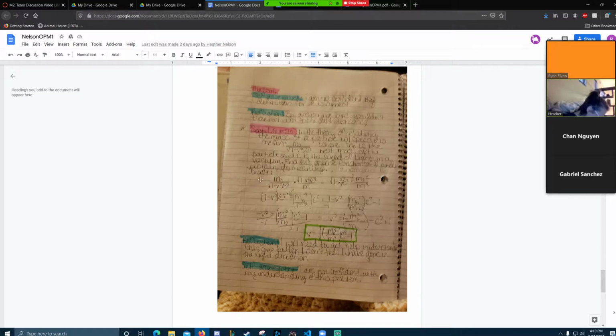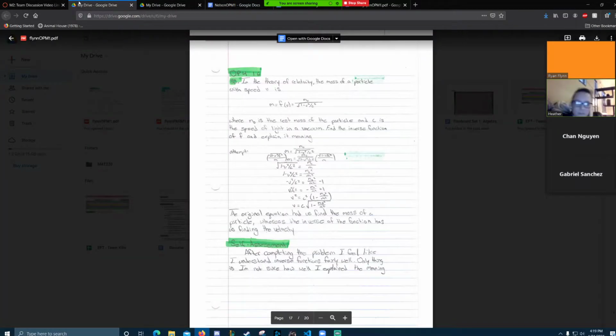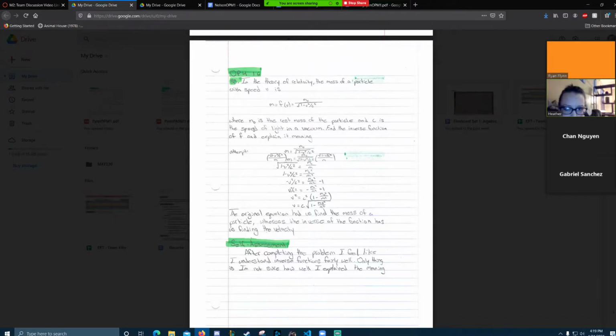It looks like you just took the equation itself and multiplied it by the square root of 1 minus v squared over c squared over m, rather than doing it to both sides. At least that's how I'm seeing it here. And then you solve from there. Since it's the inverse, and we have both m and m0, we need to do it to both sides rather than just m0.